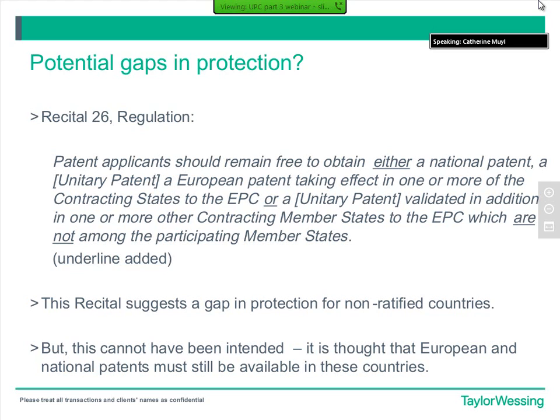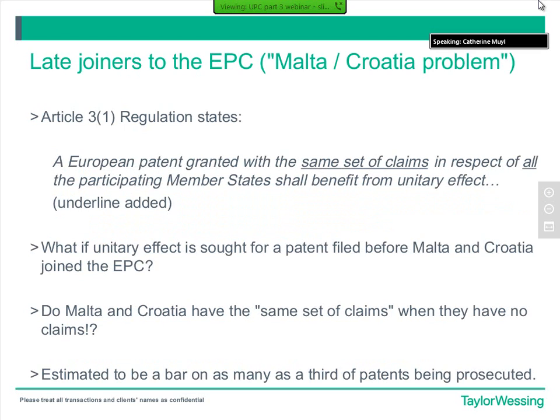Another problem of interpretation is what is referred to as the Malta-Croatia problem. And this arises as a result of the wording of Article 3.1 of the regulation. So, Article 3.1 says that a European patent granted with the same set of claims in respect of all the participating member states shall benefit from unitary effect.